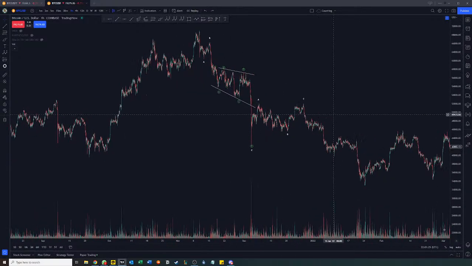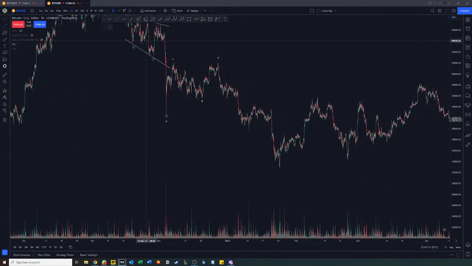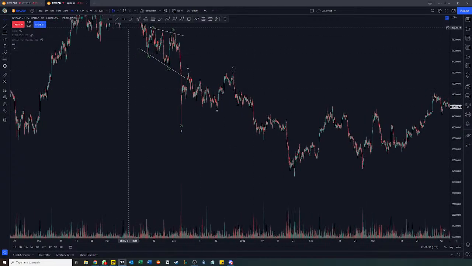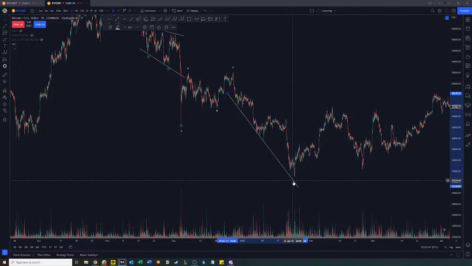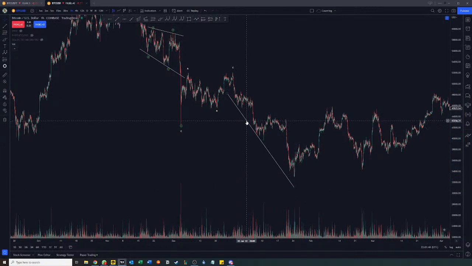And now we can easily see again with a trend line, of course. Wait, how did I make a trend line? Actually, let me do this. The first one going down like this. Second going down like this.